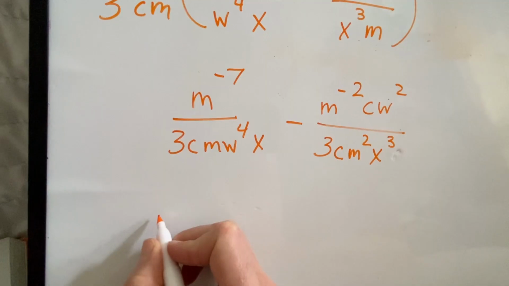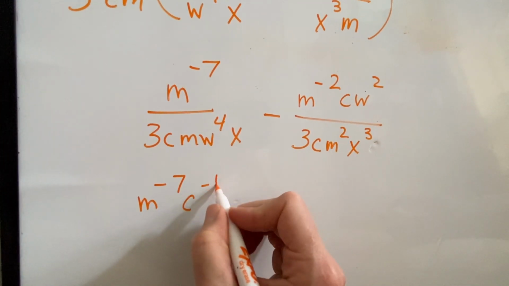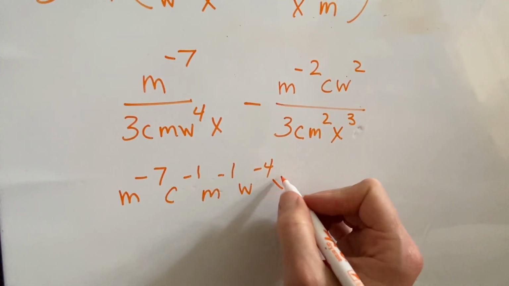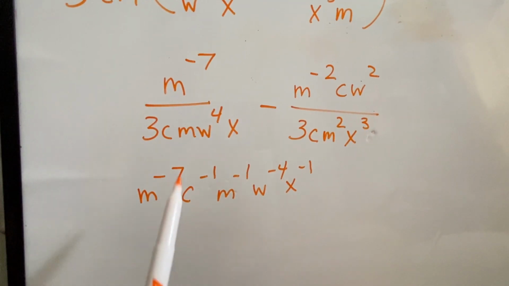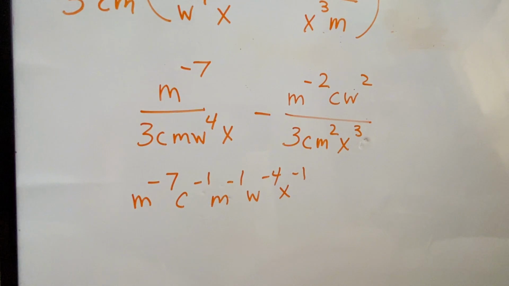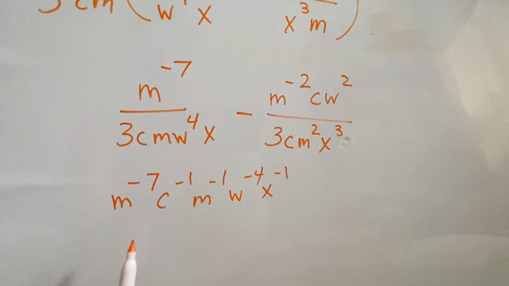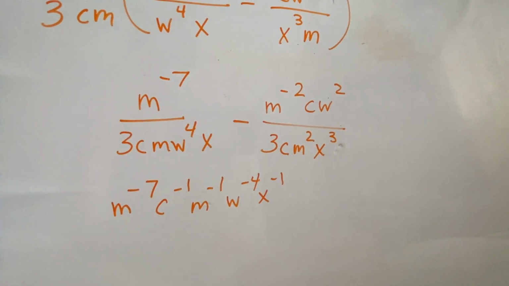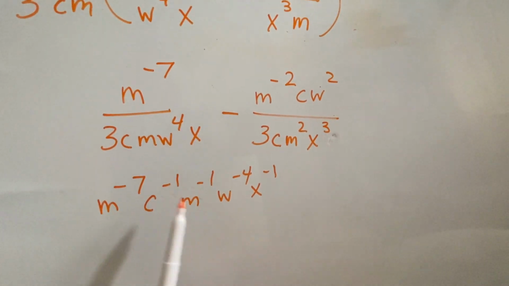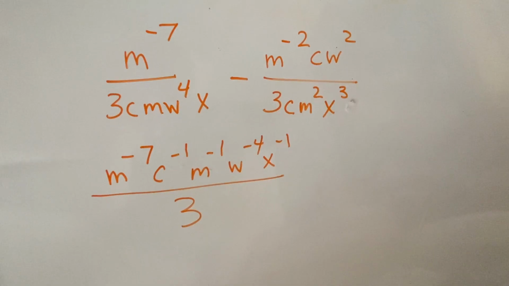So this is going to become m to the negative 7, c to the negative 1, m to the negative 1, w to the negative 4, x to the negative 1, okay? So again, remember, we're moving them up to the numerator, and you have to change the sign when you do that. So I kept this here because it was already from the numerator, and all of these that I moved up became the opposite of what they were. And guess what we have on the bottom? We have a 3, okay?